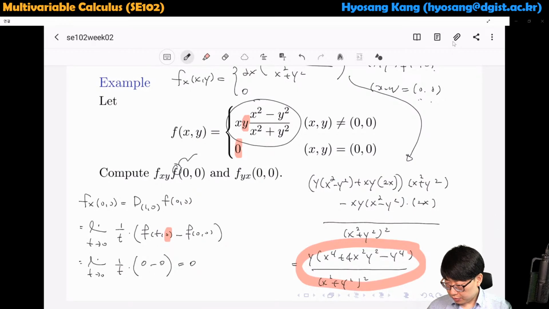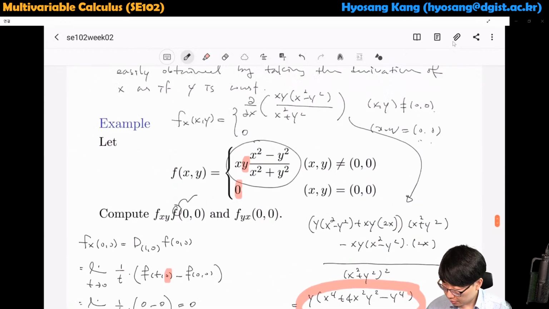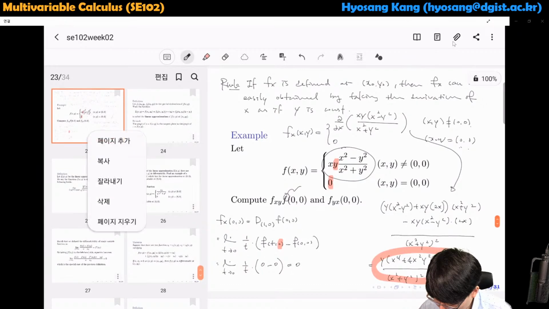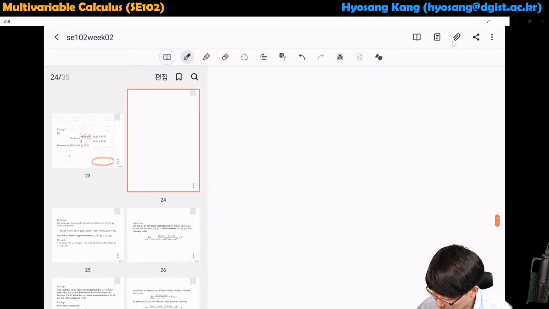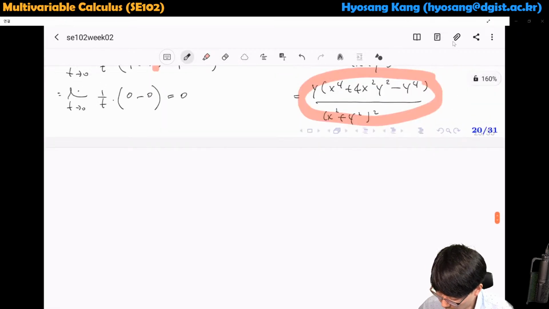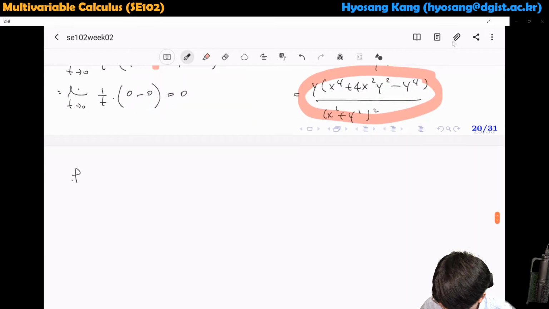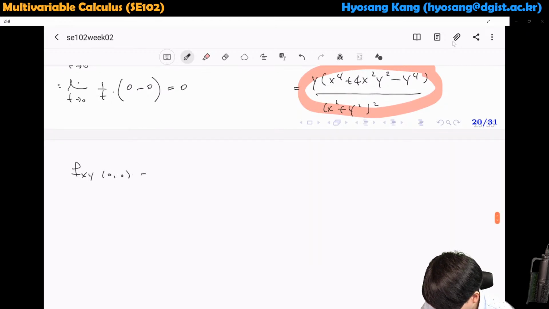Alright, so let's try to find out what fxy is. Let me go to another page. So fxy at 0,0: I'm taking fx as a two-variable function and then taking a partial derivative in the y variable at 0,0.